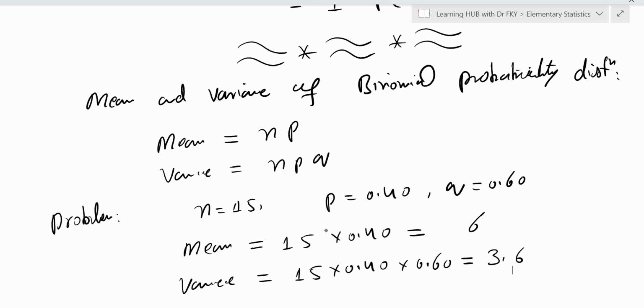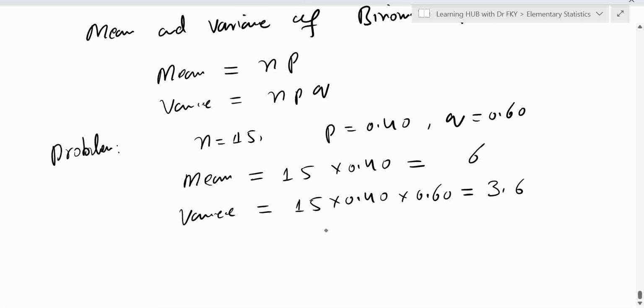But remember, this is the variance, not the standard deviation. So the standard deviation of this variable is equal to the square root of the variance. But remember, you need to consider only the positive value. So you can calculate the square root of 3.6 using a simple calculator and get this value.